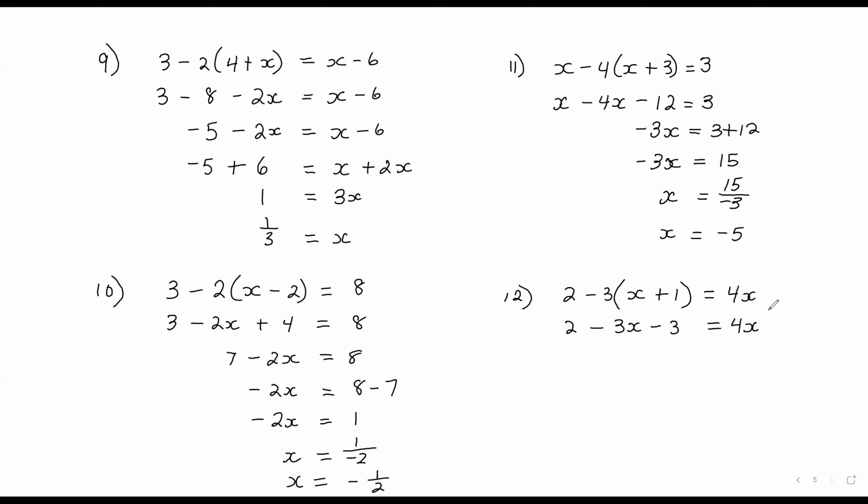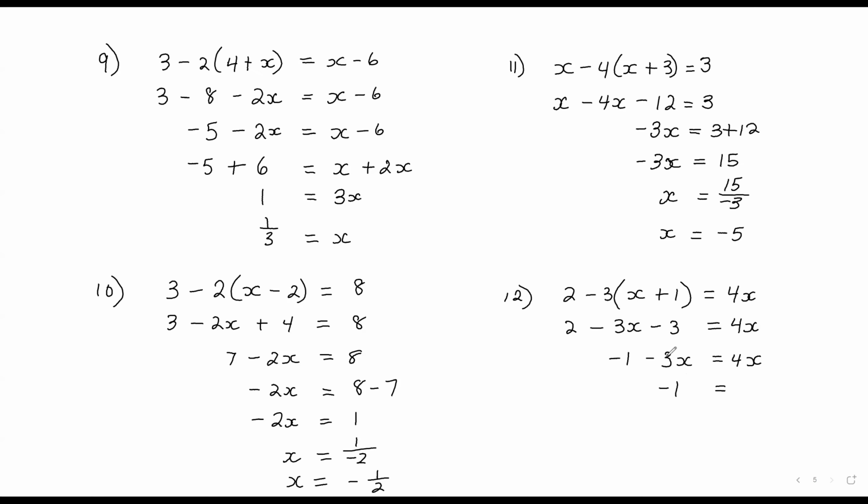And now we have to work out 2 minus 3, right? What's 2 minus 3? It will be -1. So that'll be -1 minus 3x is equal to 4x. Now I want to group my x's on one side, right? So I'm going to bring down this -1.